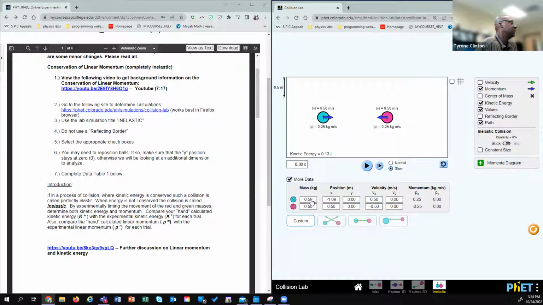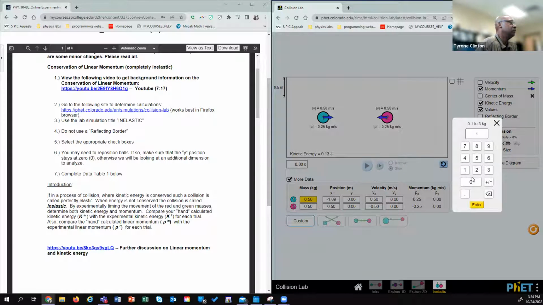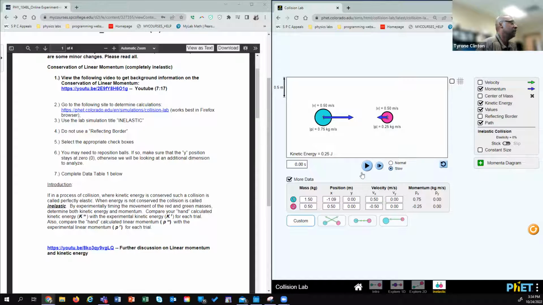Let's just say that this one I changed to 1.5 in mass. So it'll be 3 times as large as the one to the right. I position it at some X position, which is really important. And the Y is 0, which is very important.